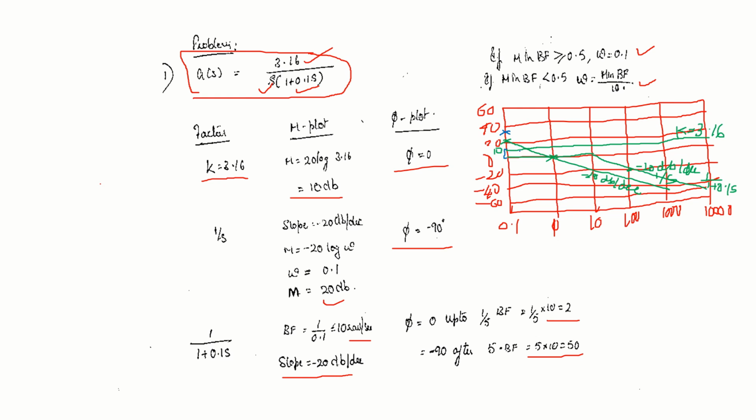This line has a slope of 0 dB per decade. This has a slope of minus 20 dB per decade. So the resultant should have minus 20 dB per decade. Join these 2 points and produce this line till the next break frequency. There is a break frequency here. Up till it is minus 20 dB per decade.